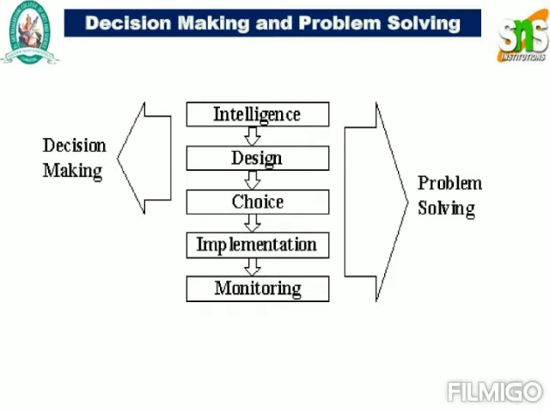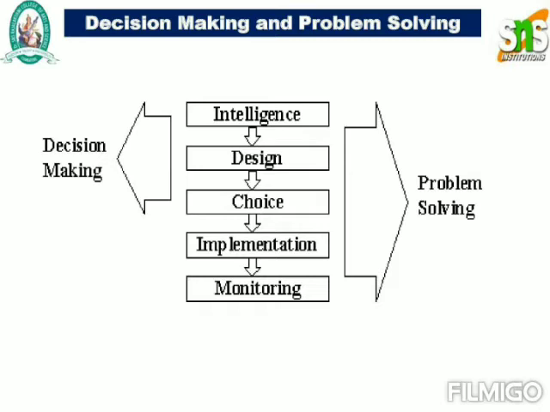After designing your system, based upon your choice, you have to implement the system in the user environment or working environment, and then monitor it. These are the various stages followed in decision making as well as in problem solving.